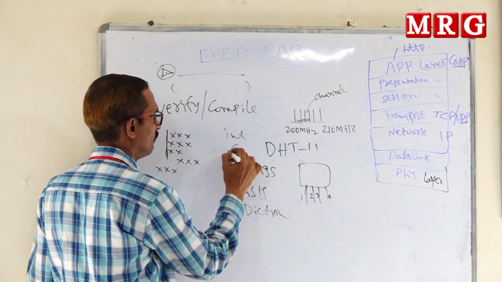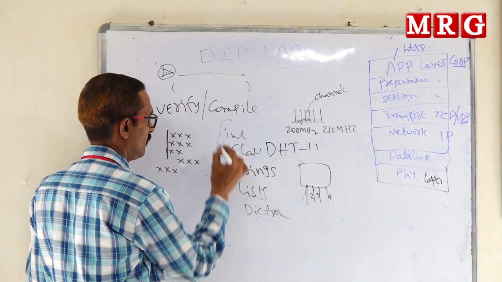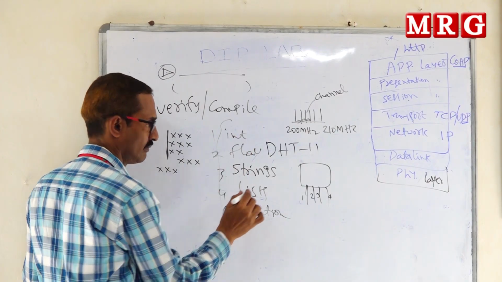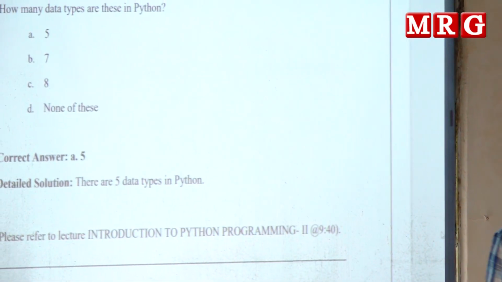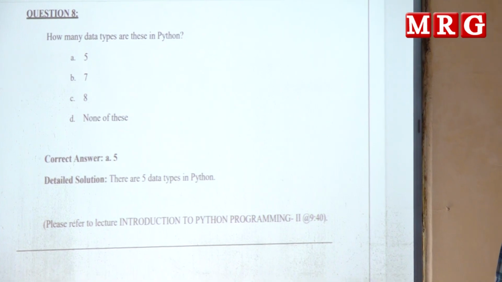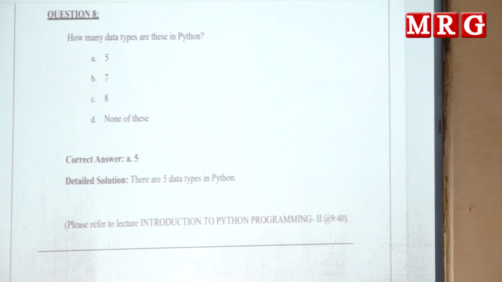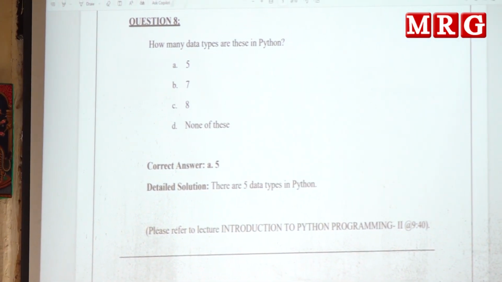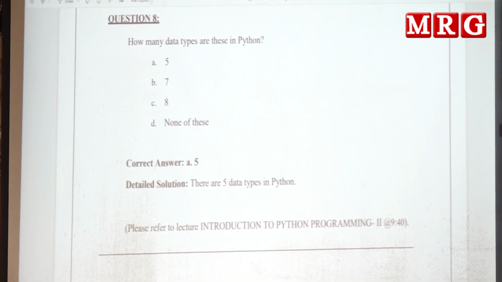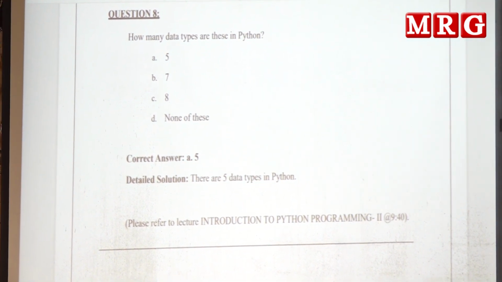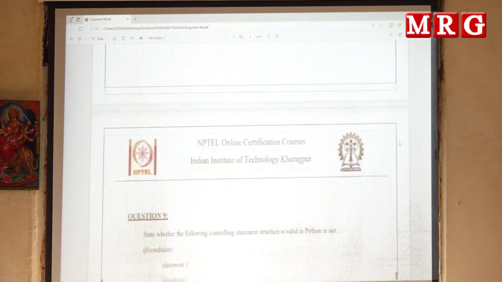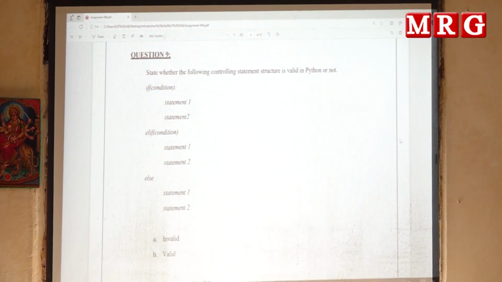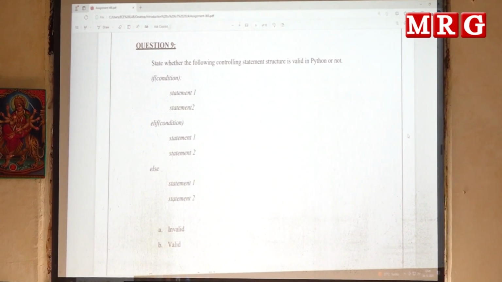One, two, three, four, five. So we have only a few data types compared to C, only a small number of data types. So the answer is correct. Five is the option. Integer, float, string, list, dictionary.